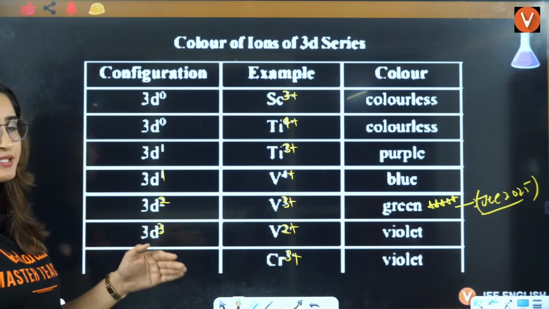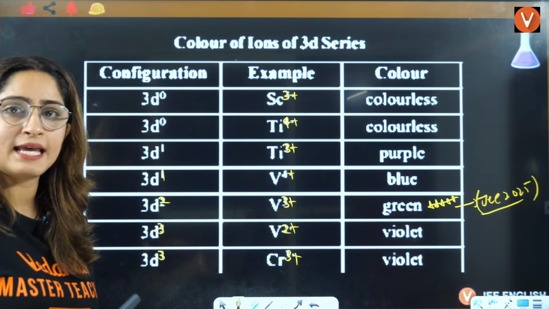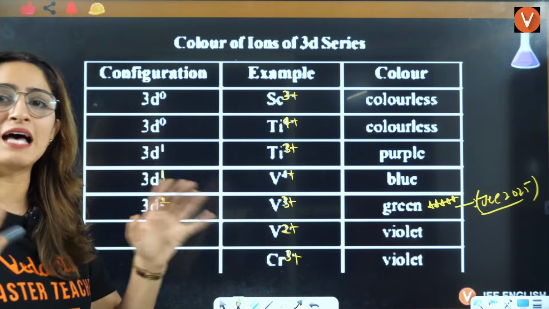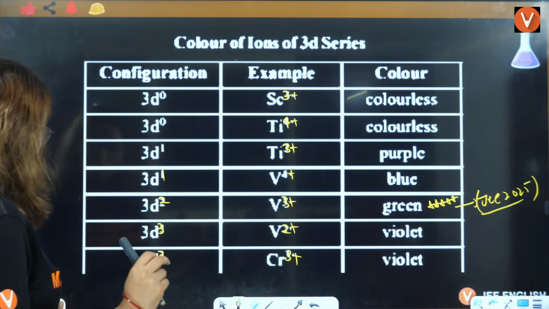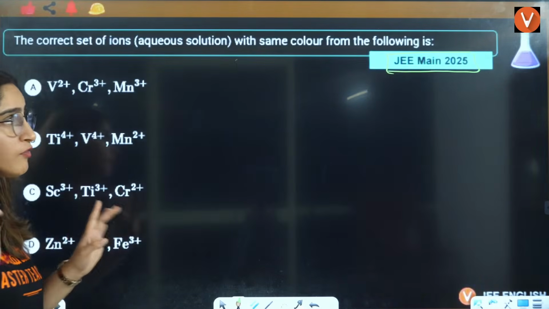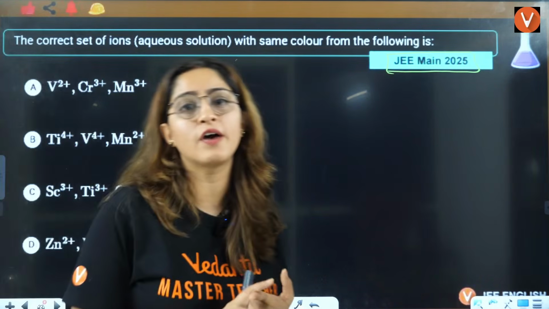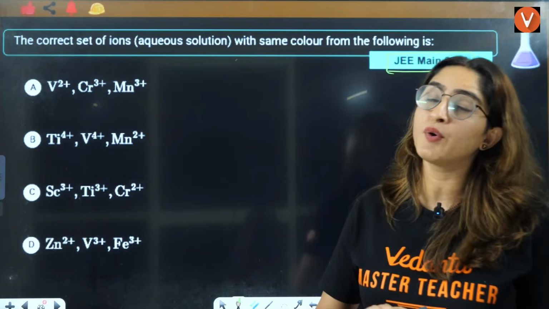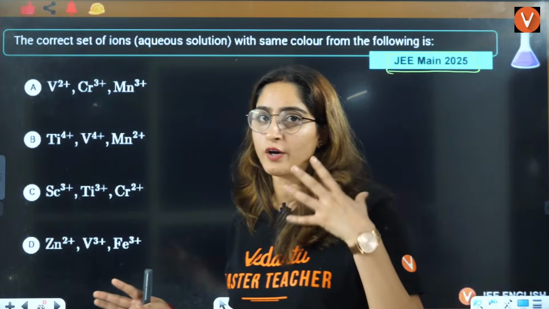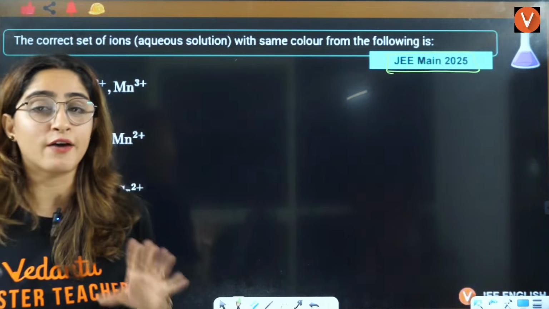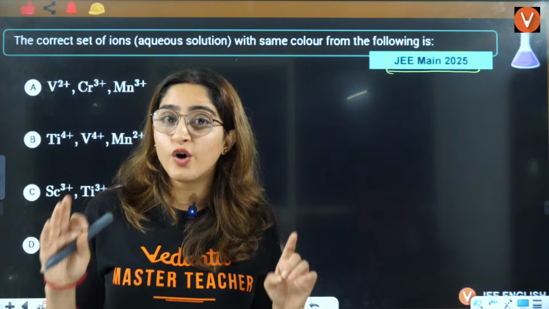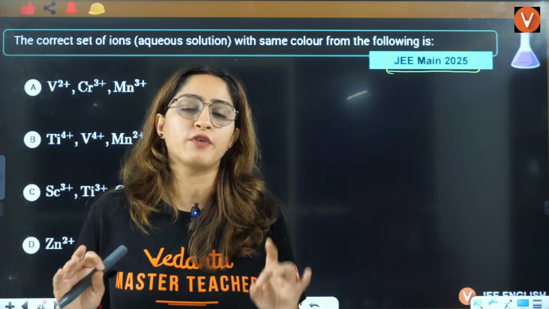They are not even saying which color. They are saying which of the following has the same color. So I would consider this a tough question, not an easy one, because if you have factual information in your head, then it's good. But otherwise, I would consider it a good question for your JEE 2025.